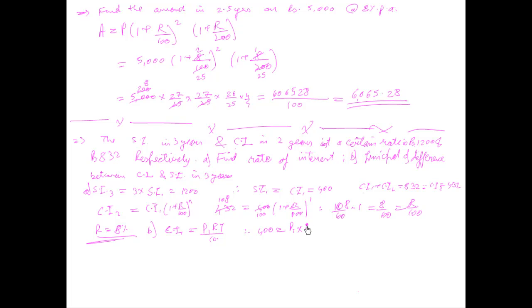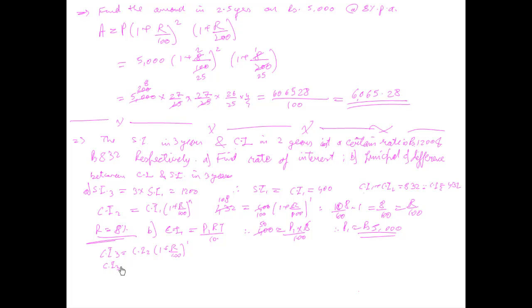Rate is 8 upon 100. The 8 will cancel with this to give you 50 times 100. The principal for the first year is rupees 5,000. Now children, to find out CI for the third year, we will do CI3 is equal to CI2 (1 + R/100) raised to power of 1.